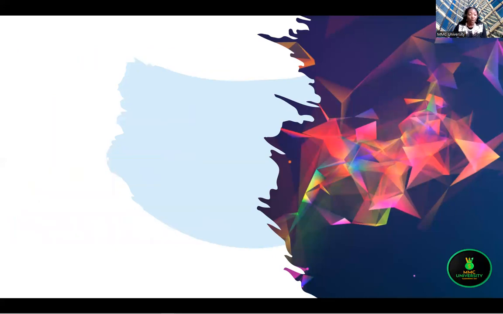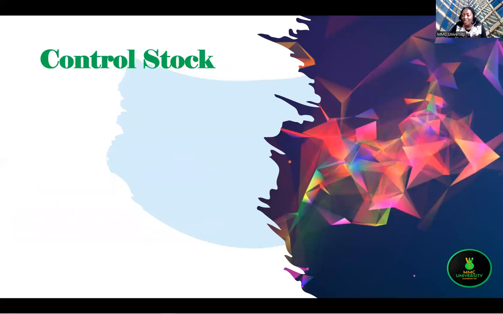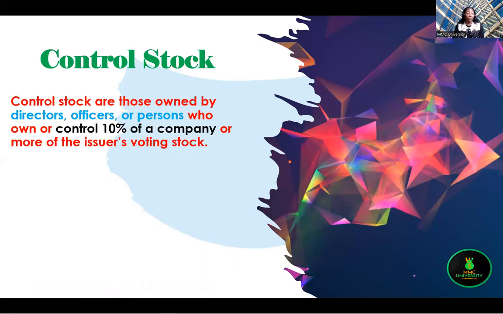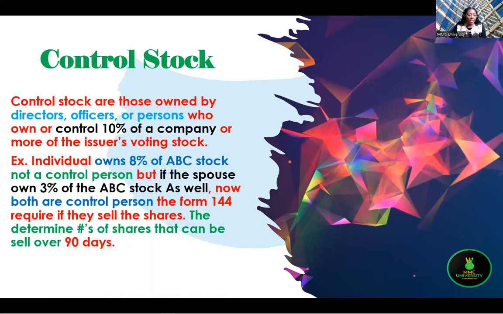Along with restricted stocks, we also have Rule 144 applying to control stocks. Now, what is a control stock? Those are stocks that are owned by the directors, the officers, or persons who control 10% or more of the company, or 10% or more of the issuer's voting stock. Let's take the example of an individual who owns 8% of ABC stock.